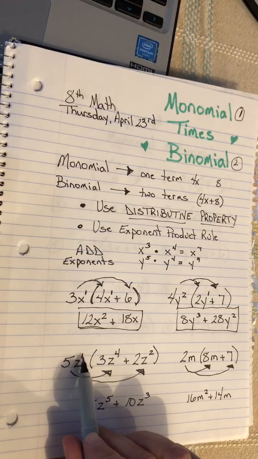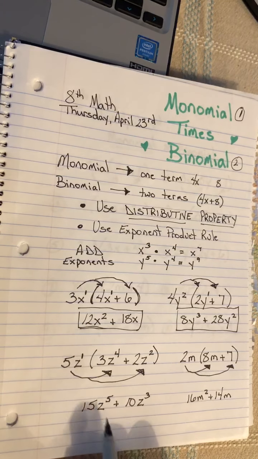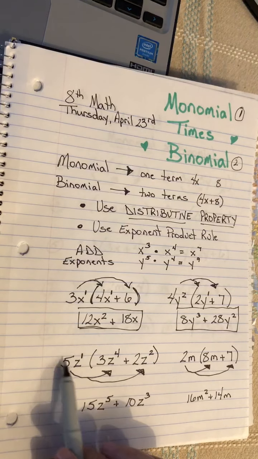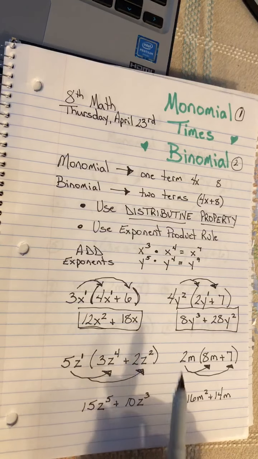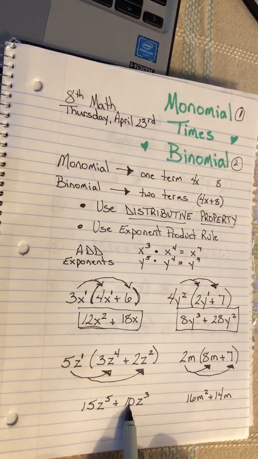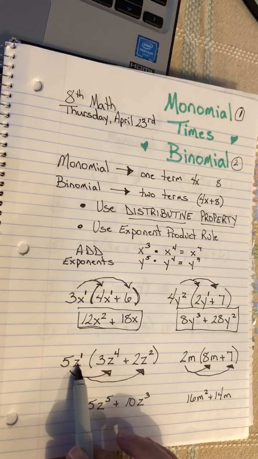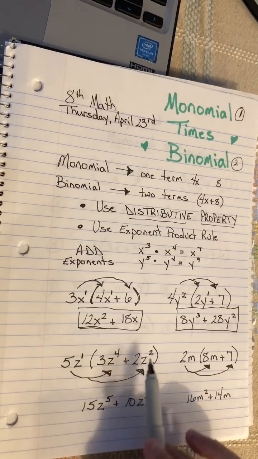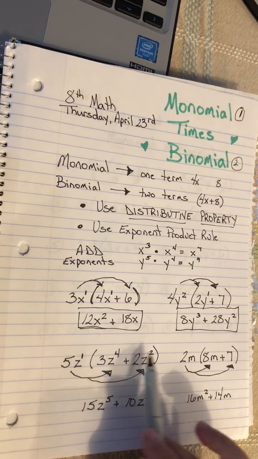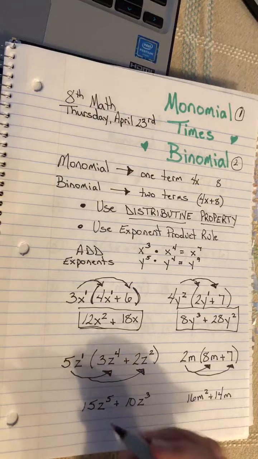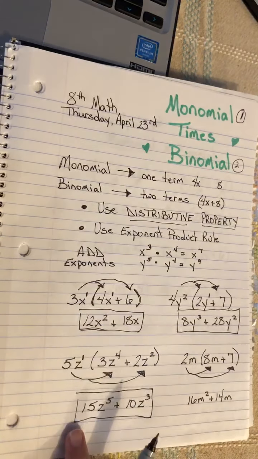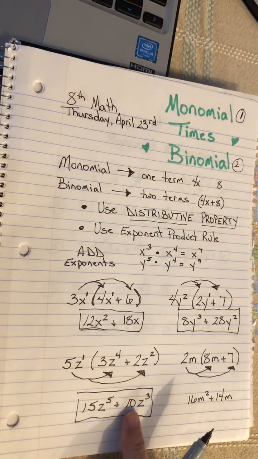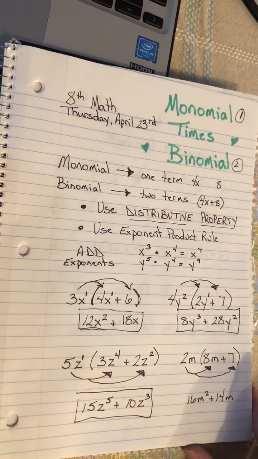Add your exponents. 1 plus 4 is 5. So that is how I got z to the fifth. Then 5z to the first times 2z squared. 5 times 2 is 10. And z to the first and z to the second. Add your exponents together. We get z to the third. So our answer is 15z to the fifth plus 10z to the third.